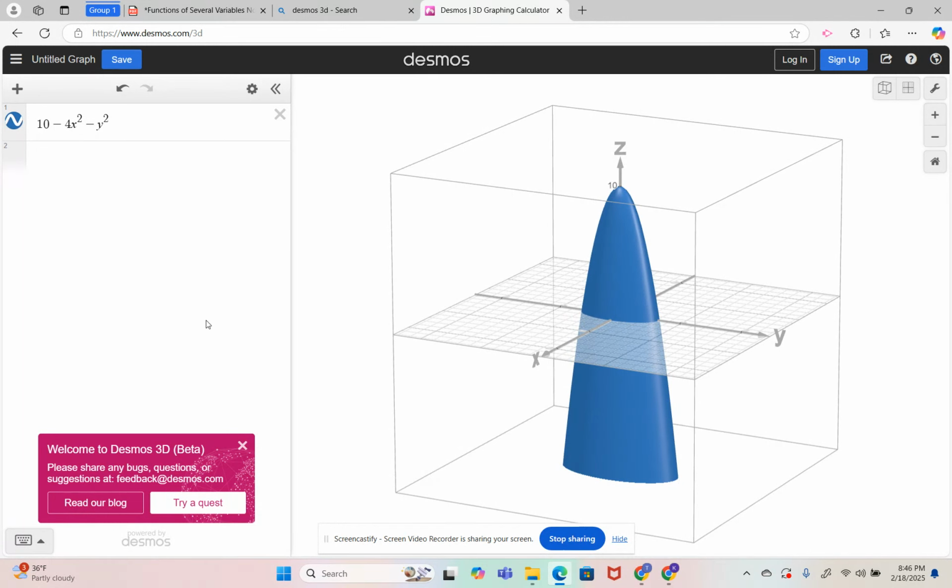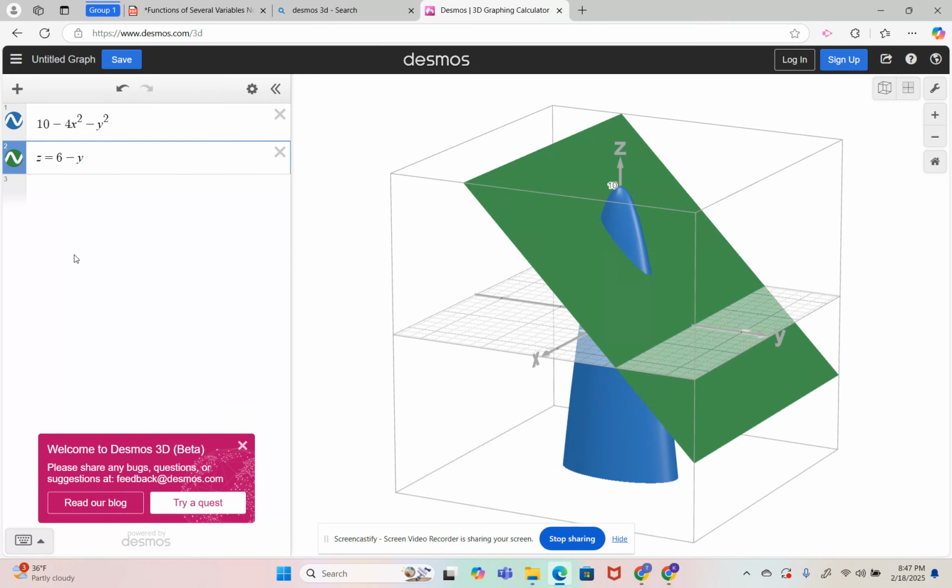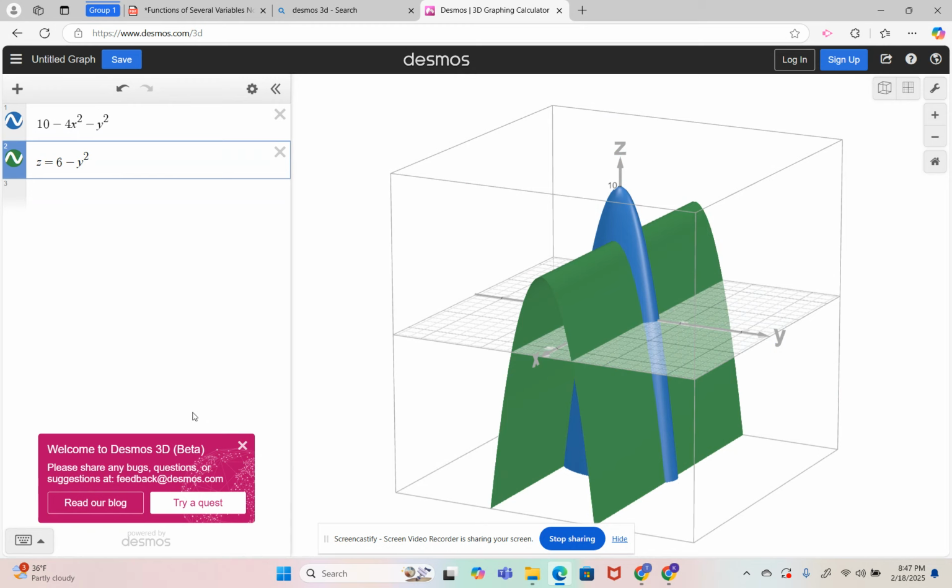And so now what we have is a trace that's going to cut through. So that was z equals 6 minus y squared. So you see it cuts through.